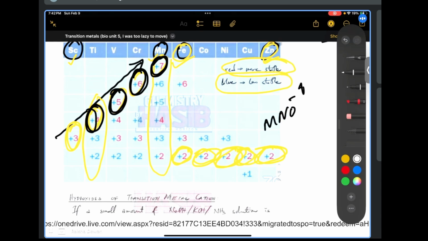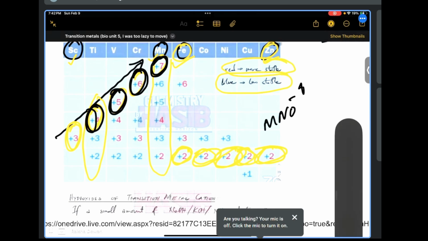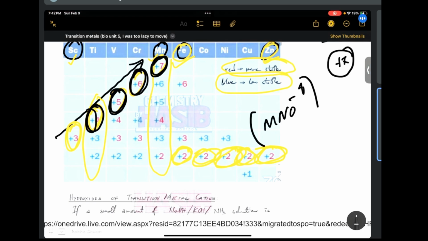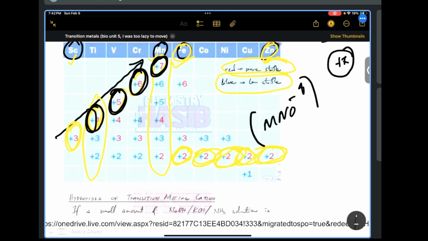MnO4-. So what is the oxidation number of Mn in MnO4-? কে বলতে পারবা? Anyone? Sorry ভাই আবার বলুন। So what is the oxidation number of Mn in MnO4-? The oxidation number of Mn in MnO4- is +7. Mn +7. Achha.